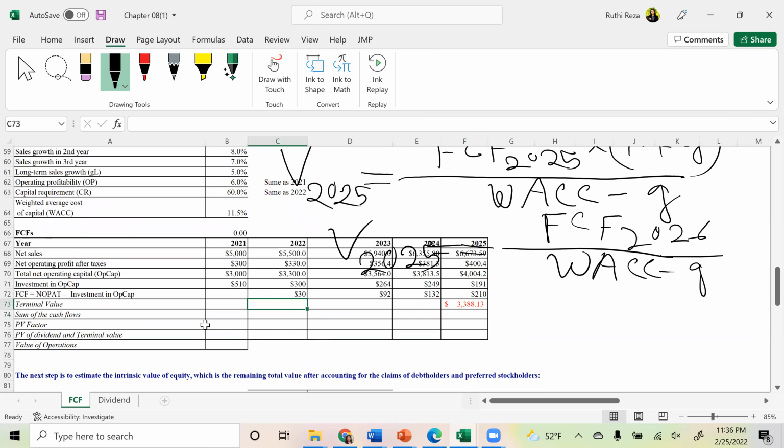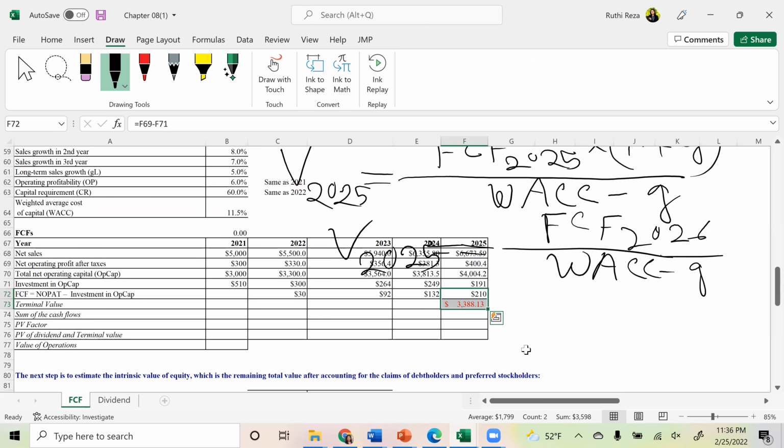Now, let us sum up the cash flows in every single year. So remember, in the year 2022, your free cash flow to the firm is just 30. You don't have any terminal value. And then in the year 2023, you just have free cash flow to the firm, no terminal value. In the year 2024, again, you have free cash flow to the firm, but no terminal value.